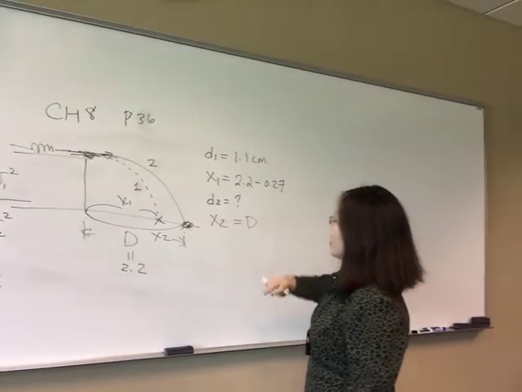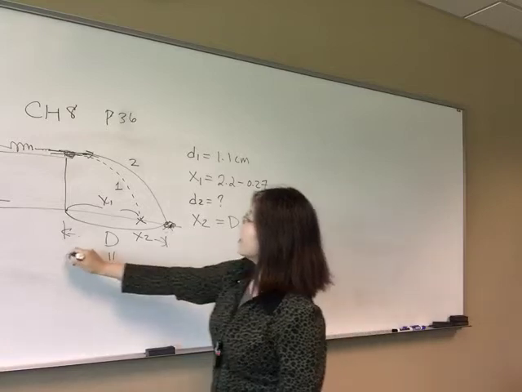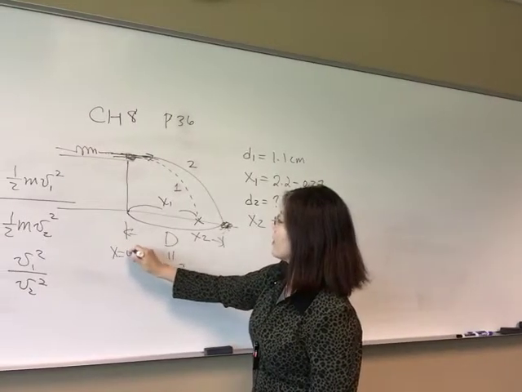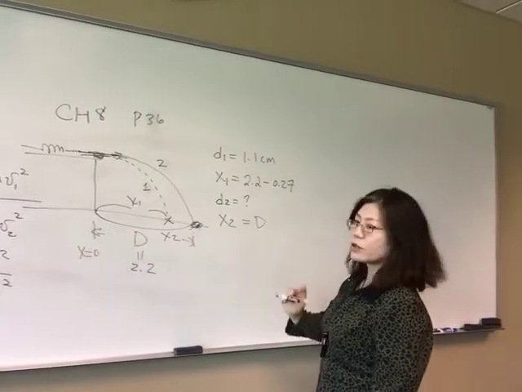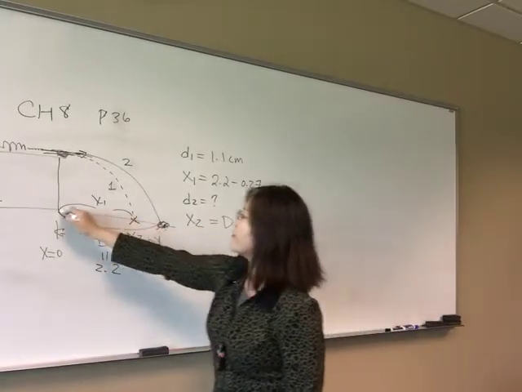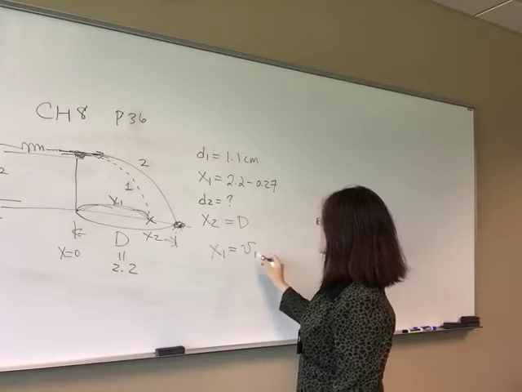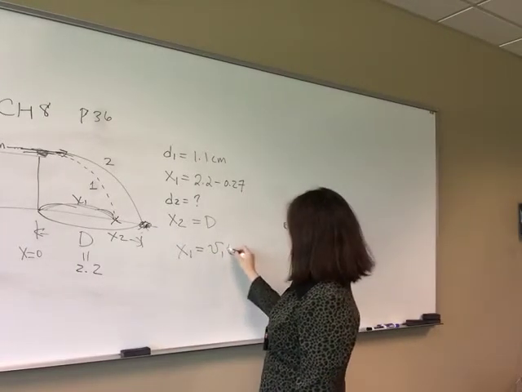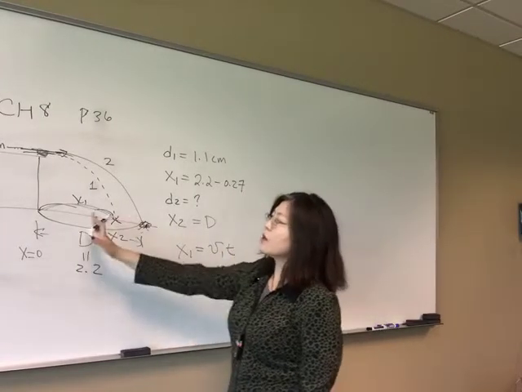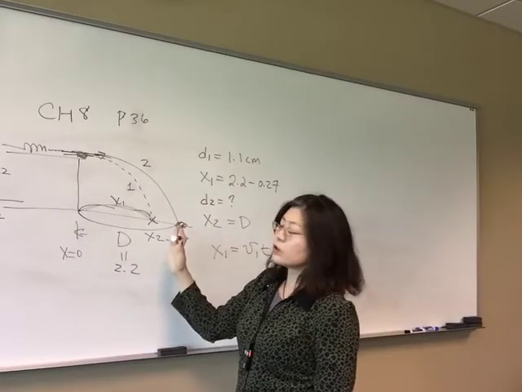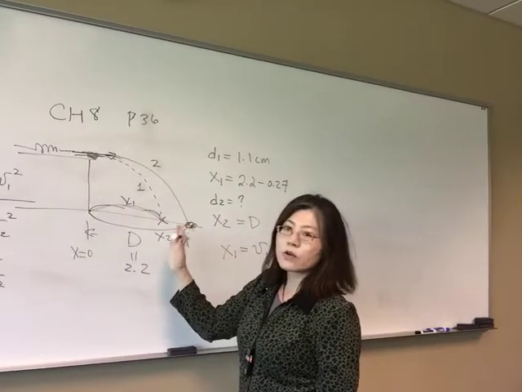If you take this initial point to be 0, then the horizontal displacement for x1 would just be velocity v1 times time, because we're dealing with the horizontal motion. There's no vertical velocity and no vertical acceleration.